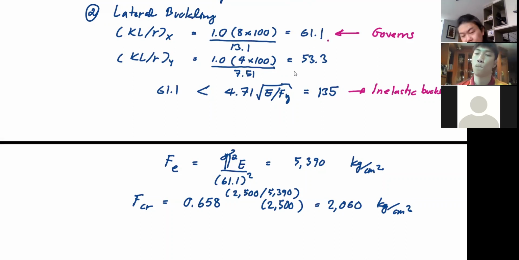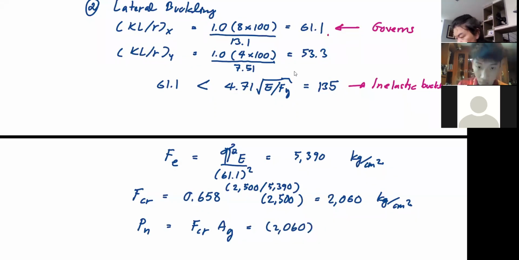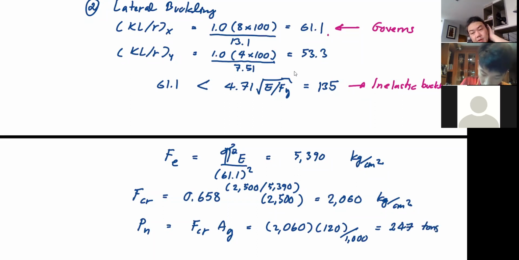All right, is there any question? And P nominal is, of course, F critical multiplied by Ag. It is 2,060, and the cross-sectional area is 120. That's one big column. Divided by 1,000, we have 247 tons. But remember, this is the calculated strength, the nominal strength, not the design strength.